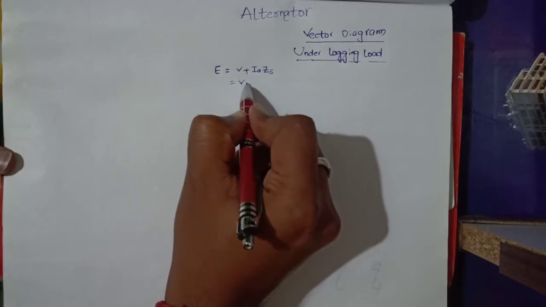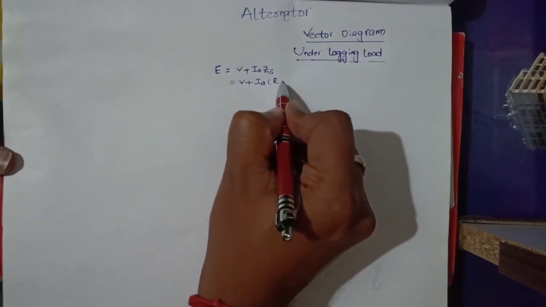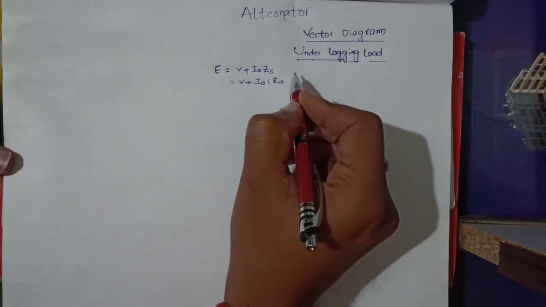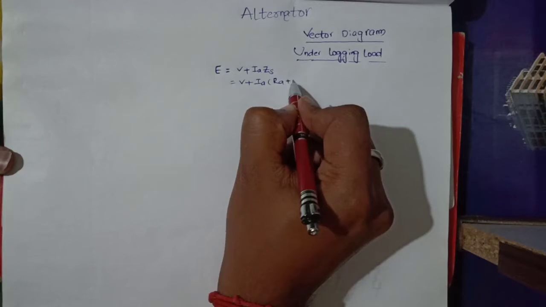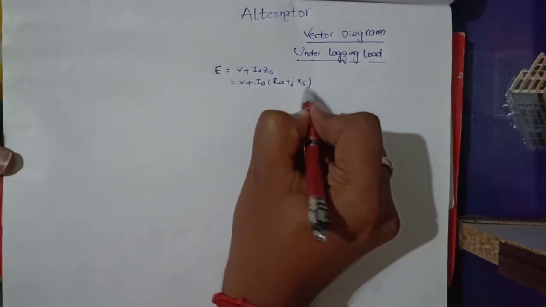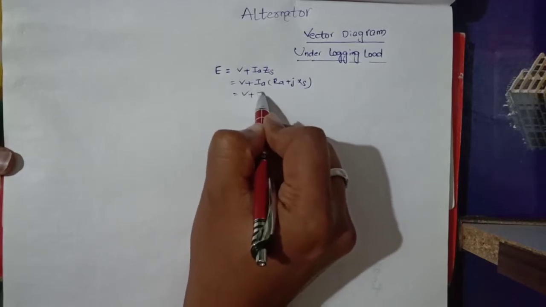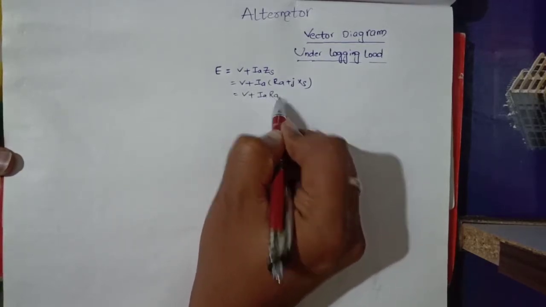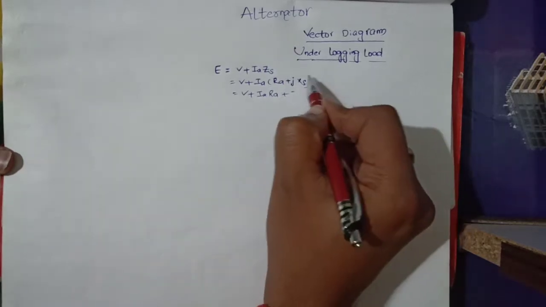Now I'll be writing V plus IA into (RA plus jXS).